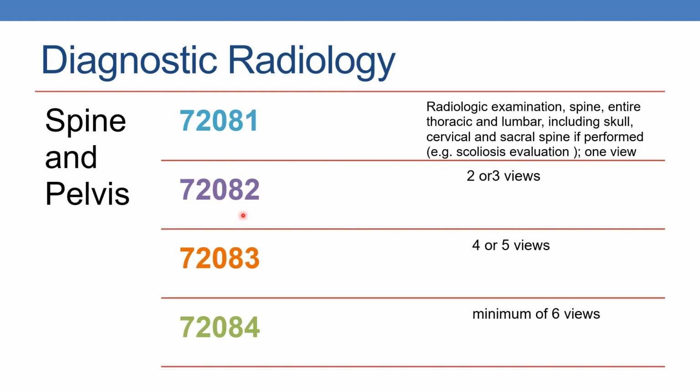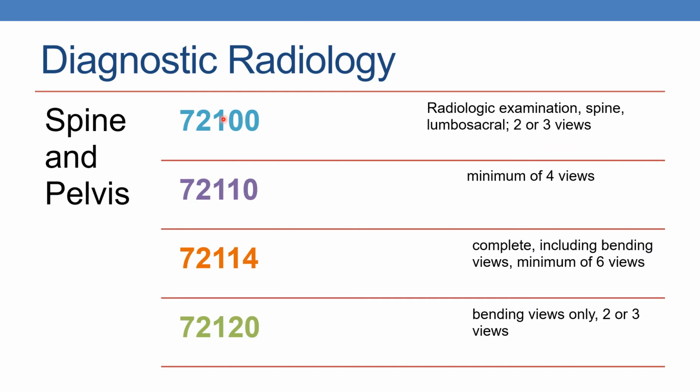Similarly, 72082 is radiological examination spine entire thoracic and lumbar including skull, cervical and sacral if performed, 2 or 3 views. 72083 is 4 or 5 views and 72084 indicates minimum of 6 views.